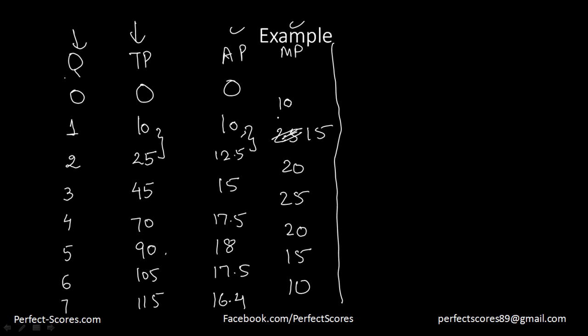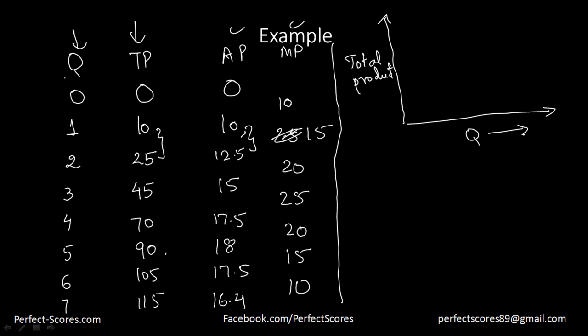Now if I were to plot these graphs, let's suppose I want to plot the graph of the total product with respect to the quantity of variable factor involved. As you can clearly see, as the quantity of the variable factor increases, my total product also increases.